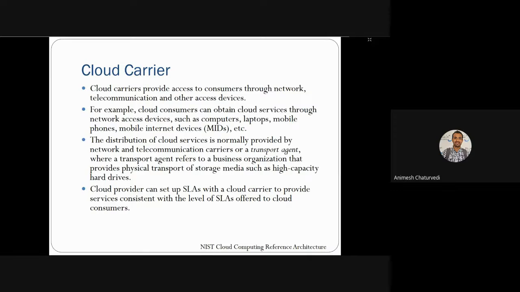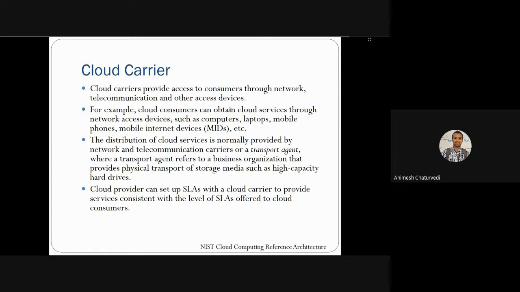For example, the cloud consumer can obtain cloud services through network access devices, and they can access the cloud over computers, laptops, mobile phones, mobile internet devices. Juniper and Cisco devices are there as routers, and various towers are there of Ericsson. So these companies are cloud carrier companies. They provide it to your mobile phone.